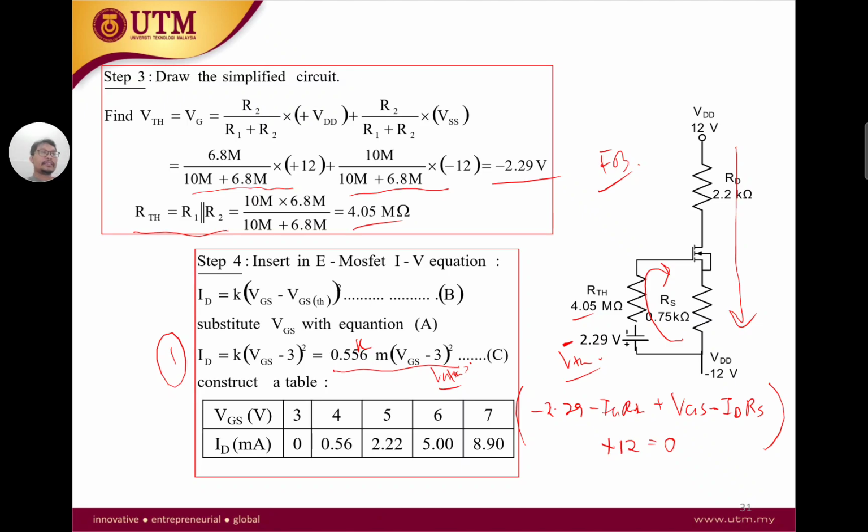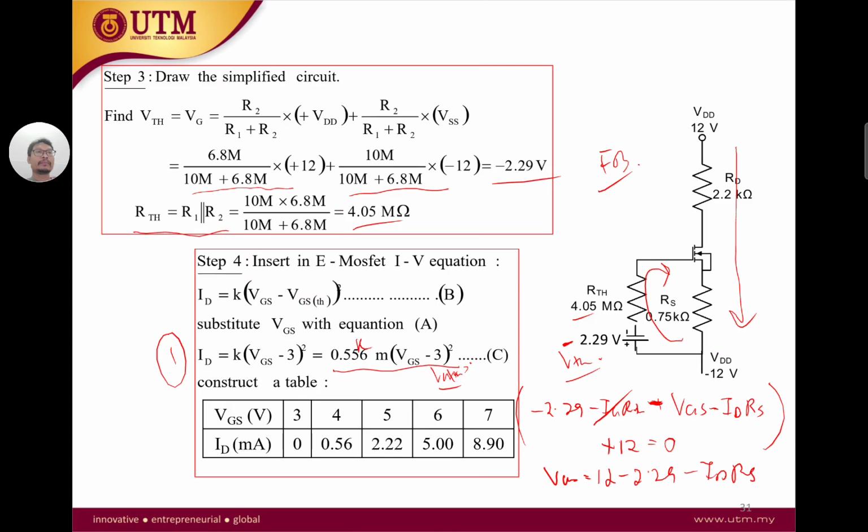IG is 0, we know that IG is 0. Sorry, this is minus VGS, not plus. So VGS is going to be equal to, we move VGS to the other side, 12 minus 2.29 minus IDRS.